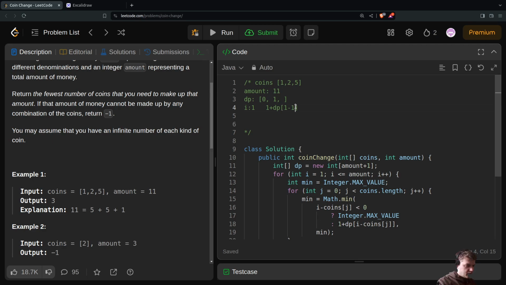The next coins are 1 plus dp of 1 minus 2, and 1 plus dp of 1 minus 5, and both are going to be negative. So those are not going to be selected, max value is selected. So the only minimum that's available here is this one.